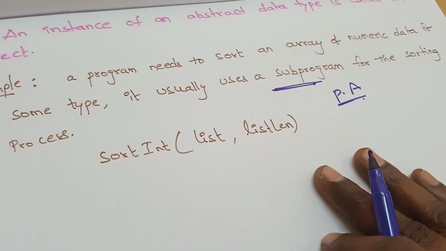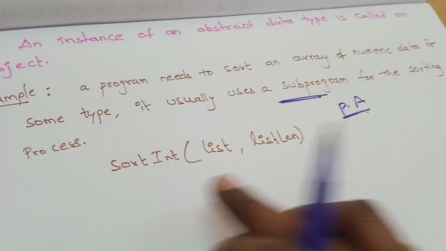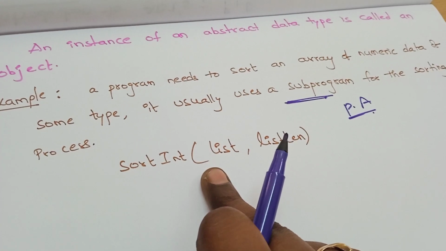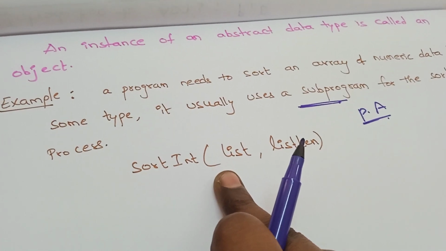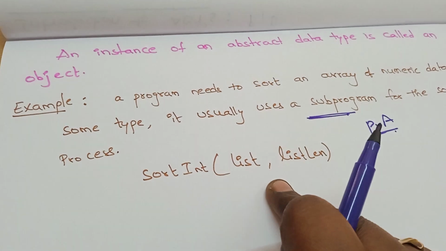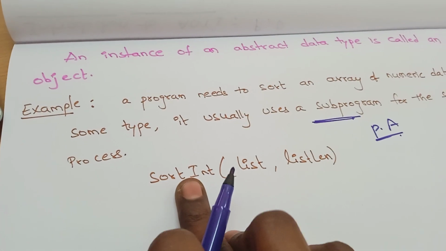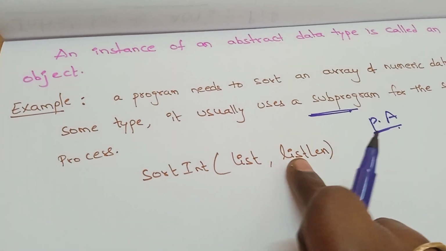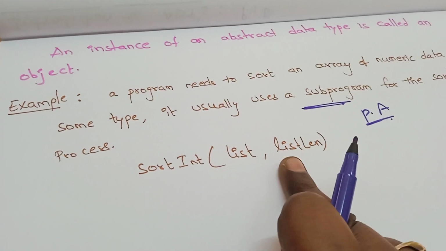At the point where the sorting process is required, a statement such as the function name or subprogram name and the variables of that type is placed in the program.